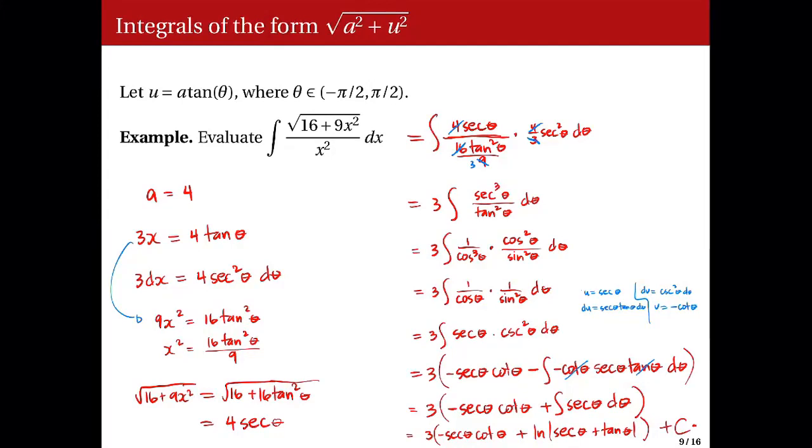And now we need to convert this to something in terms of x.